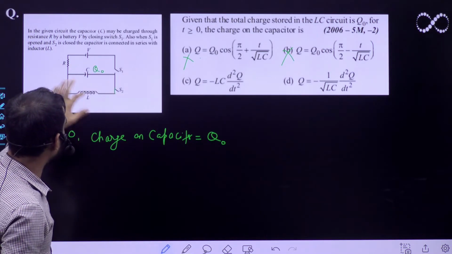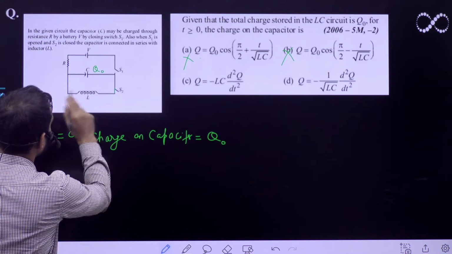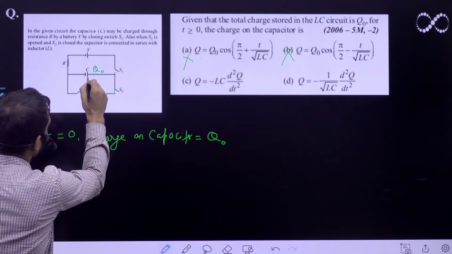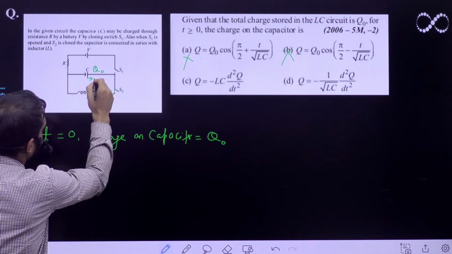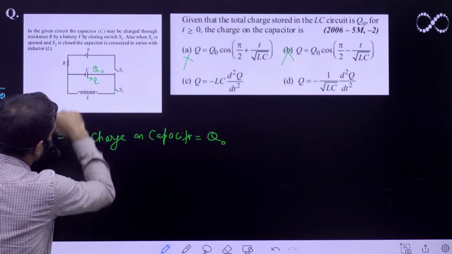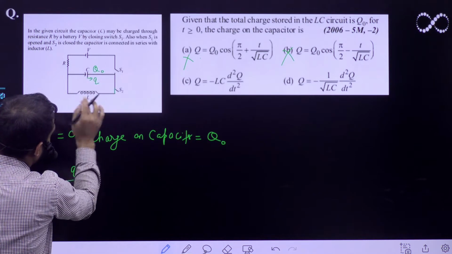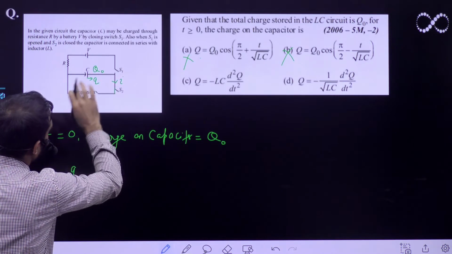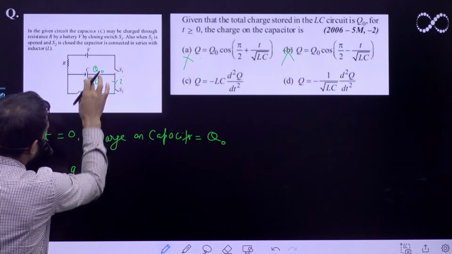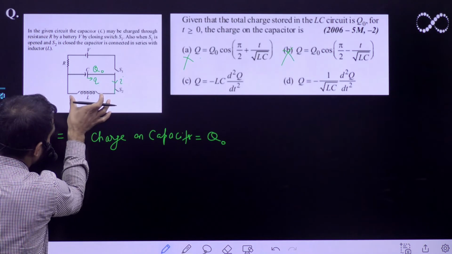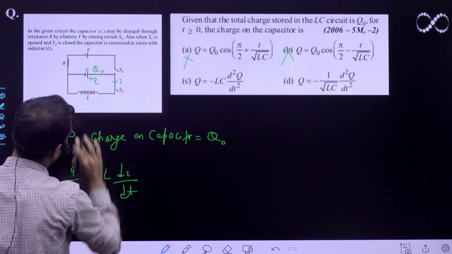So let us try to write Kirchhoff's law for this. If I take this plate, the right part of the capacitor plate, suppose the charge is Q at any instant. If I write Kirchhoff's law, that will become Q upon C, the potential difference across the capacitor, and here the current will go I, in this direction. I am taking the current as I. So Q upon C will be the potential difference across this capacitor, and the potential difference across the inductor will be minus L di by dt, where L is the inductance here.